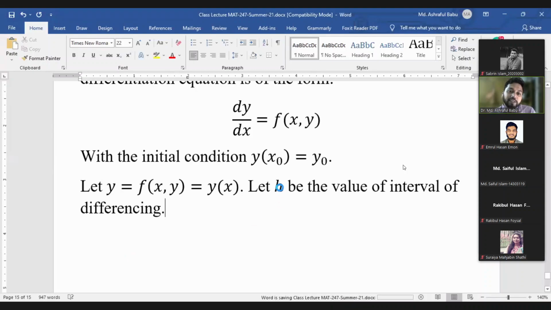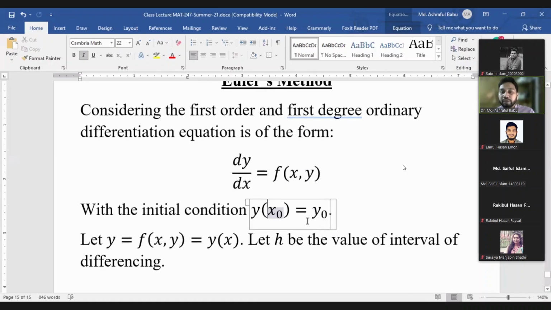So h means here our domain is x0, x1, x2, x3. So these are our actual domain.